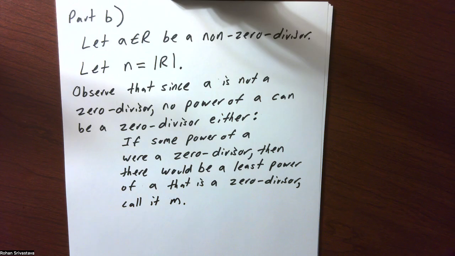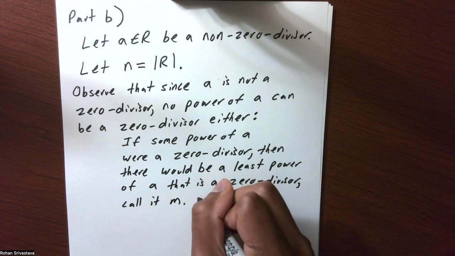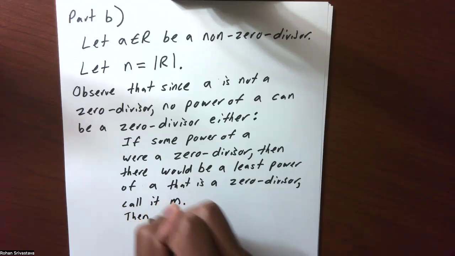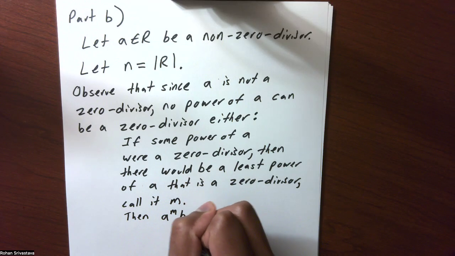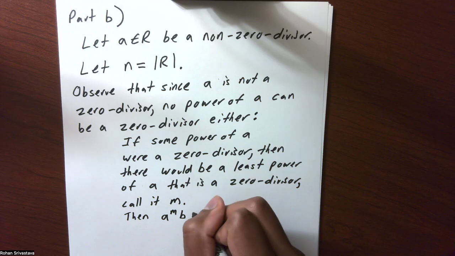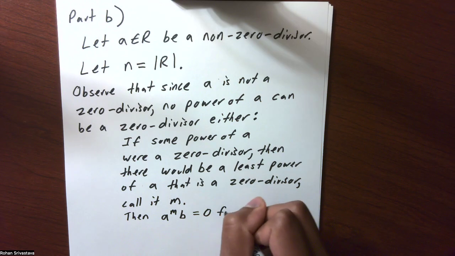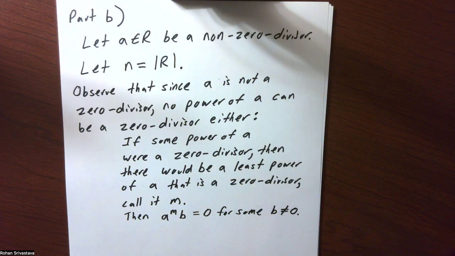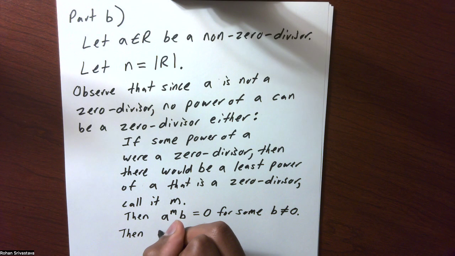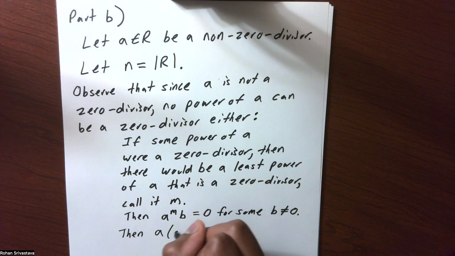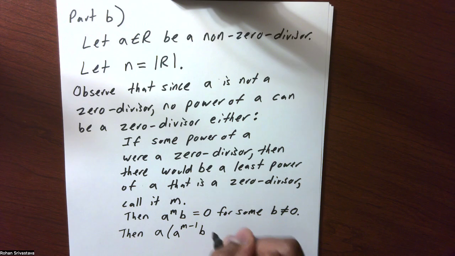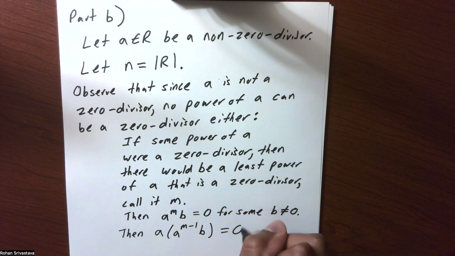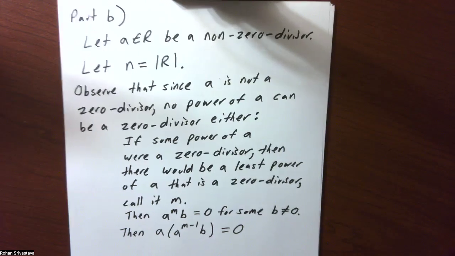So A to the M is the least power of A that is a zero divisor. Then A to the M times some B is equal to 0 for some B that's not 0. And then let's rewrite this as A times A to the M minus 1 times B. That also has to be 0.